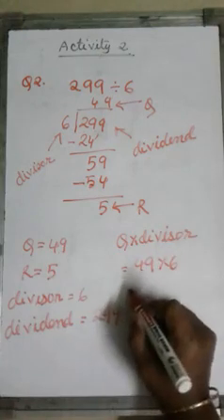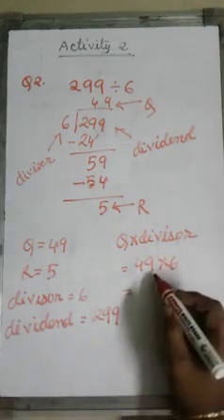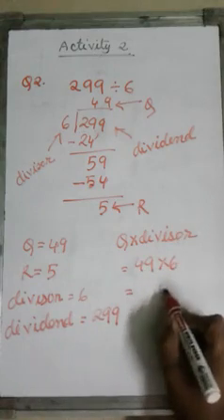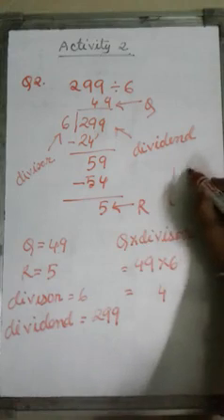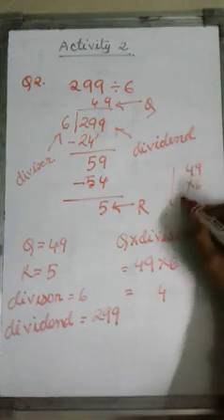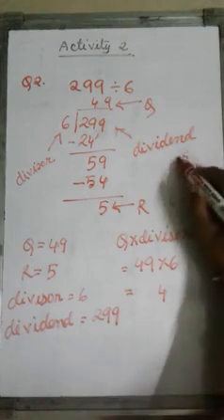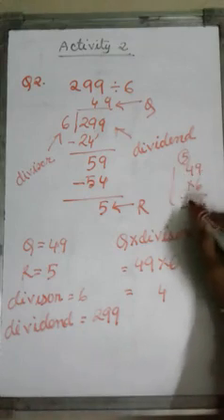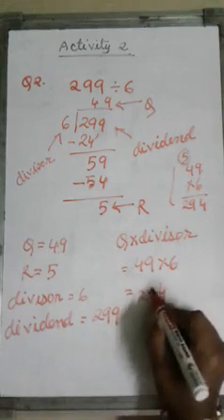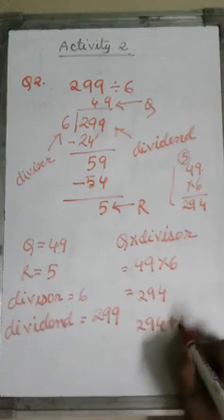If you multiply, you can do it in your rough work area. 6 into 9, 54. 5 will be carried to the next higher place. 6 into 4 is 24 plus 5, 29. It is 294. So 294 plus remainder.